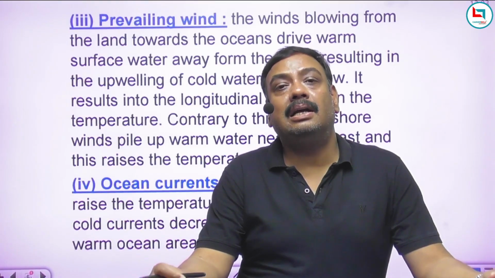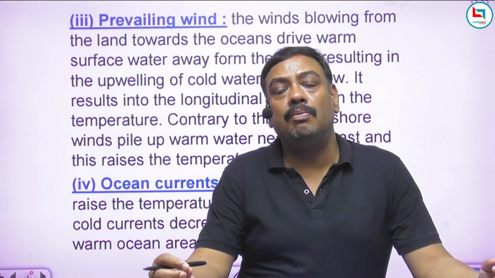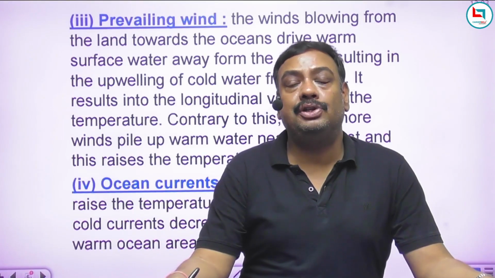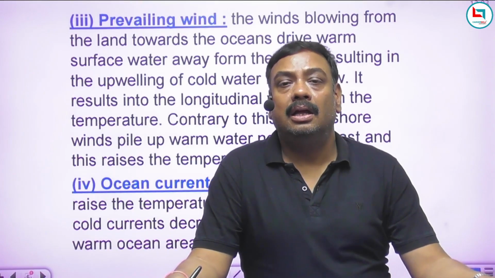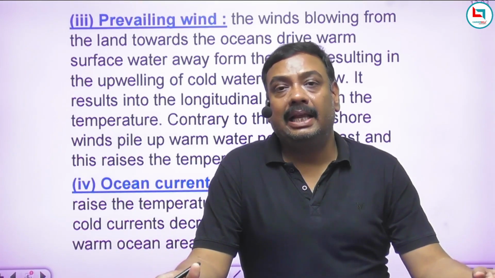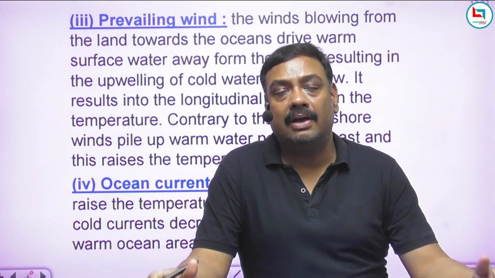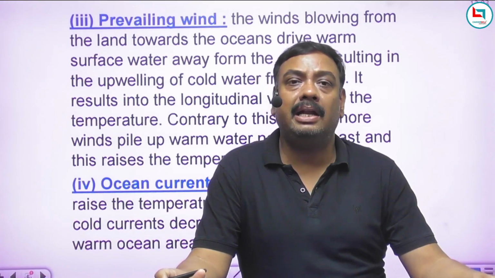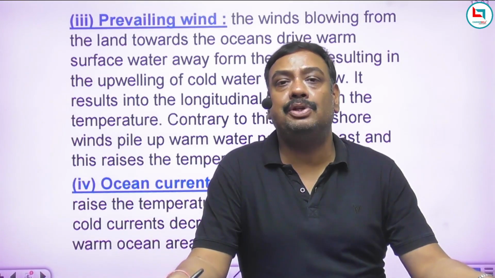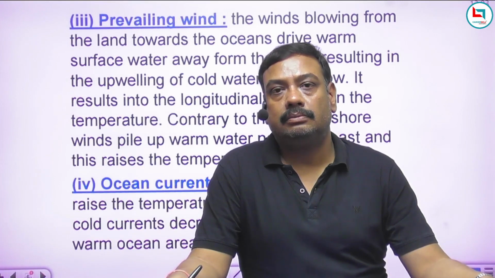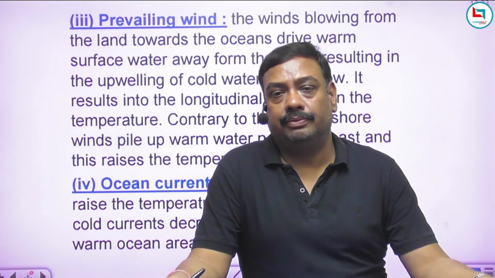Because winds are the horizontal movement of air, and if they are affecting the temperature of the ocean water, they basically create a kind of friction at the surface of the ocean water, and so it causes the change in temperature only on the surface water of the ocean, not in the deeper zone.